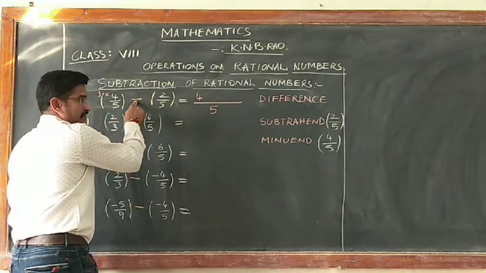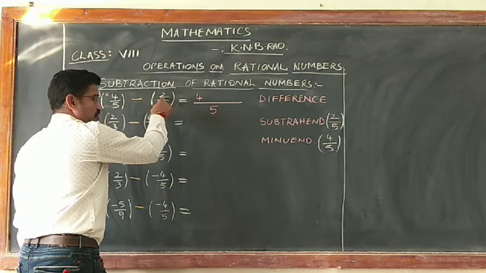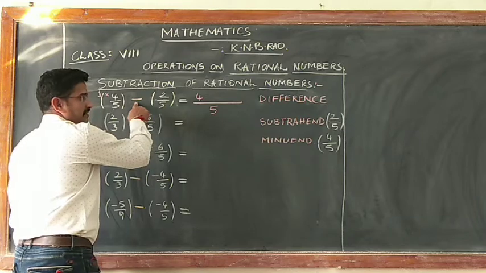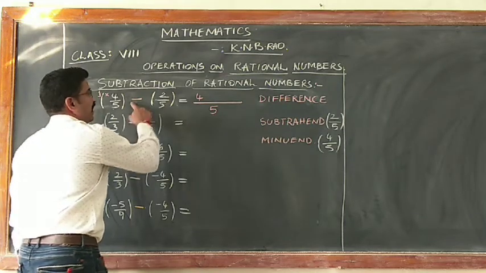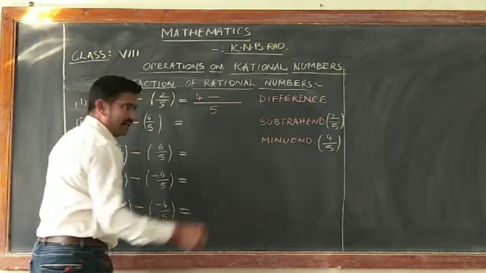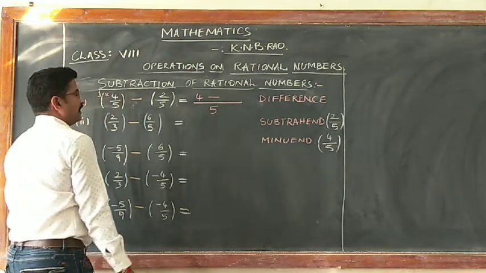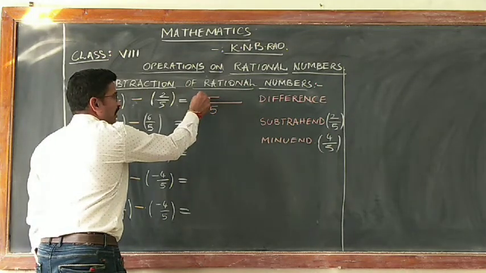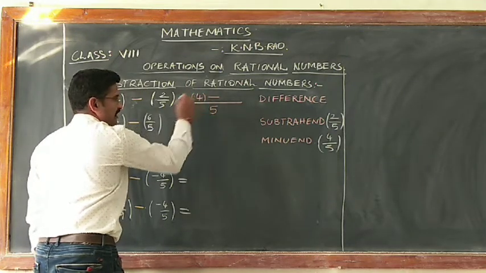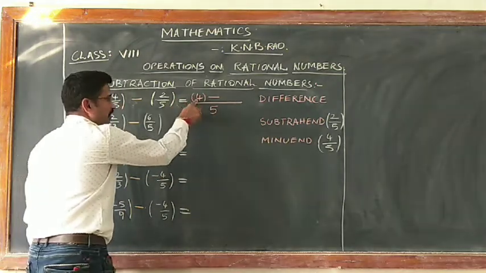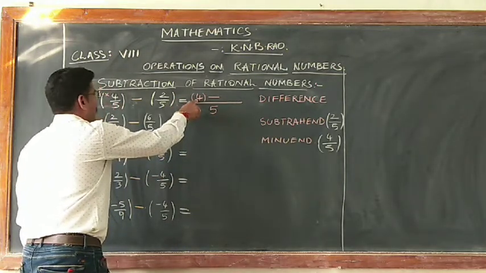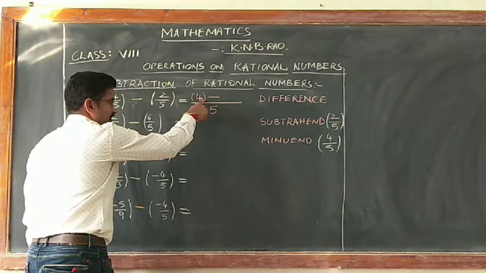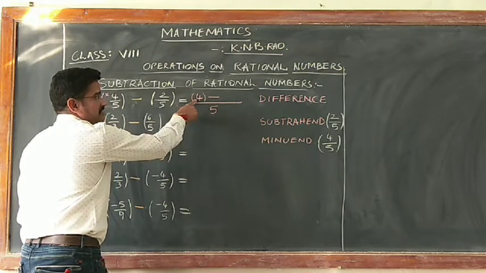The subtrahend has a positive sign, but the operation is subtraction, so that operation symbol is to be taken, and the minuend is also a positive number.